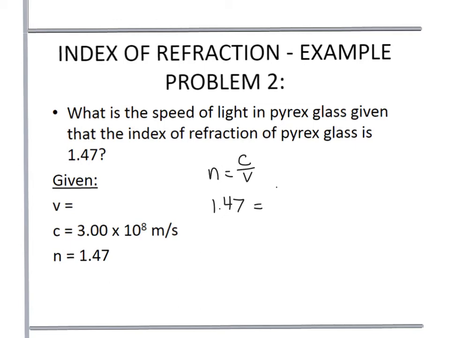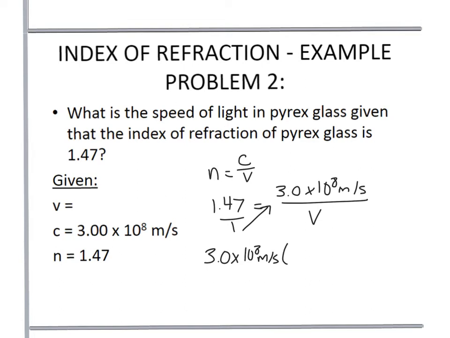My c is 3.0 times 10 to the 8 meters per second, and I need to rearrange to solve for v. I'm just going to cross multiply here, so 1 times 3.0 times 10 to the 8 meters per second, don't forget your units, is equal to v times 1.47, and now I need to isolate my v, and I'll do that by dividing both sides by 1.47.